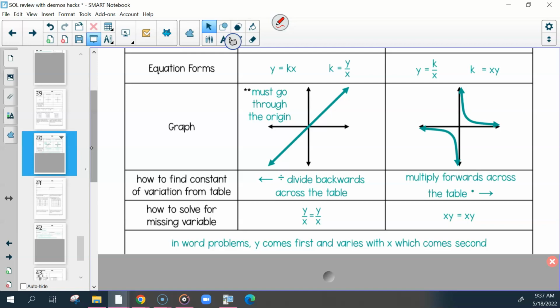So we could do that in 1, or we could do that in 2, or in the word problems. You choose. 1 or 2, not both. 1.